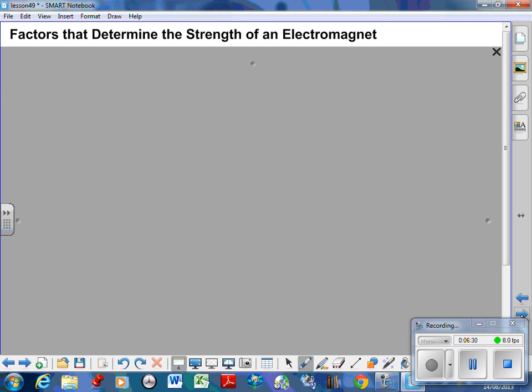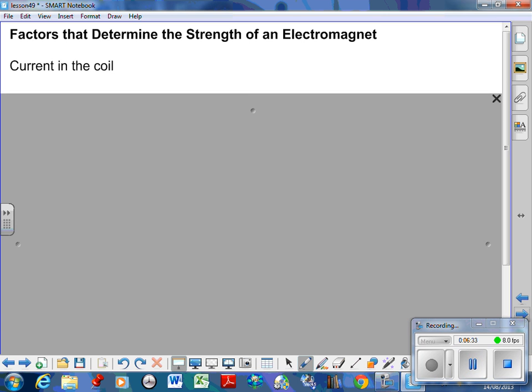So what are some of the factors that determine the strength of an electromagnet? Current in the coil. If I increase my current, so current again is I, then the strength, which we're going to call magnetic force, will also increase.